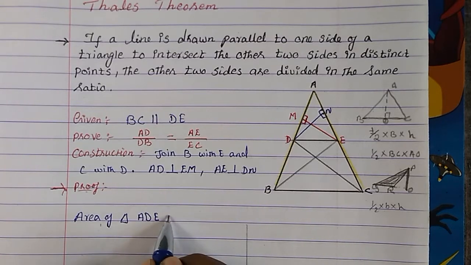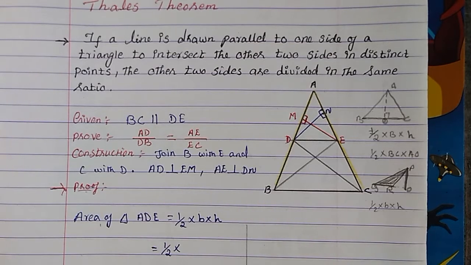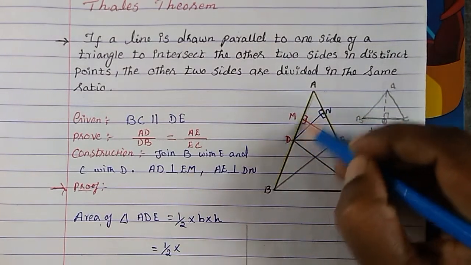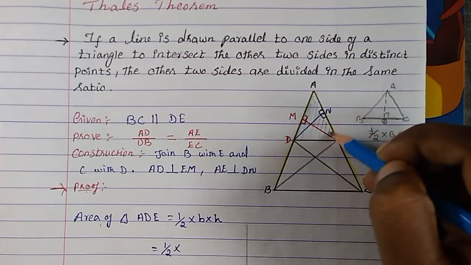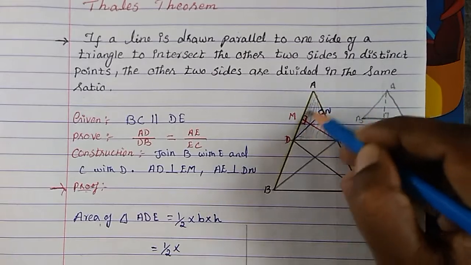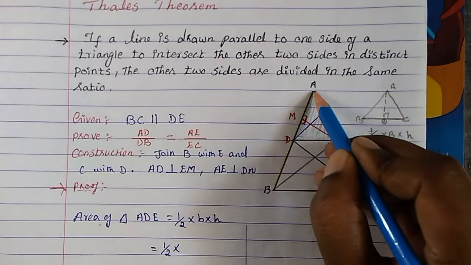For that, the area of the triangle is half into base into height, which we have to calculate. Half we keep as it is. Base for ADE, I'll just highlight it for this triangle. For this triangle, base is AD.